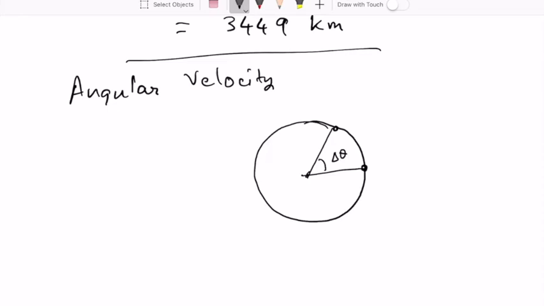Suppose this angle changes by delta theta in time delta t. Angular velocity measures how fast this angle at the center is changing. The units of angular velocity are radians per second. If the object changes its angle at the center by an amount delta theta in time delta t, you can define an average angular velocity, and the symbol for angular velocity is omega. This is the Greek lowercase w.